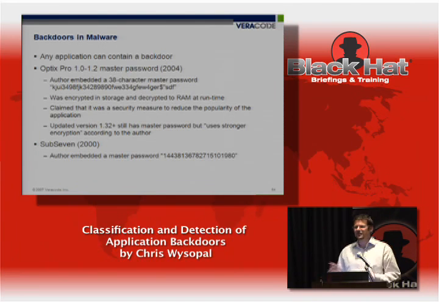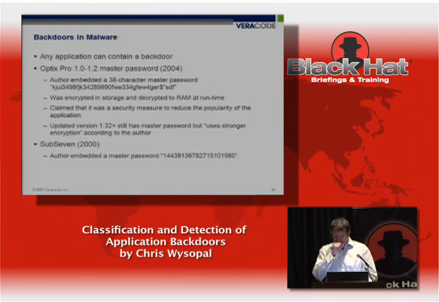So whoever downloaded this malware and used it to compromise systems was also compromising those systems for the creator of Optix Pro. So I guess, don't trust your malicious code not to have backdoors in it either. And this also happened in Sub7, which was an earlier Trojan program.